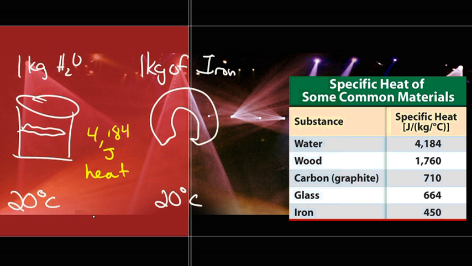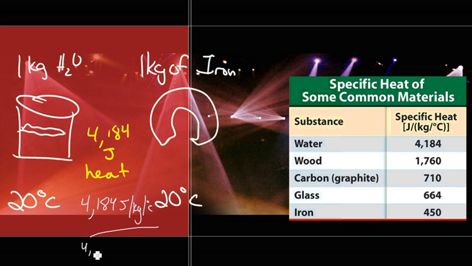So if we use what we know about specific heat, we are at 20 degrees Celsius and we have 1 kilogram of our substance, and the specific heat of water is 4,184 joules per kilogram per degree Celsius.